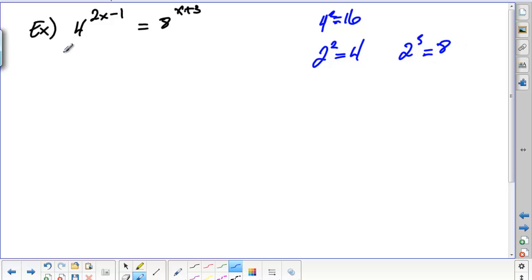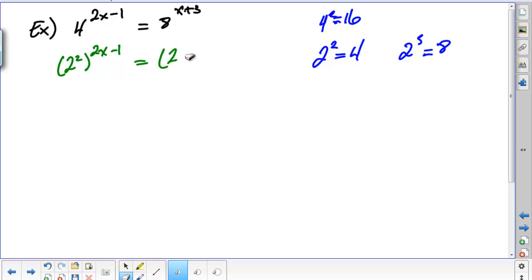So we rewrite this and say, all right, 4 is the same as 2 squared, still with that exponent, 2x minus 1. 8 is the same as 2 to the third power, times x plus 3. So now we're getting closer. We got both of those bases to be 2's.